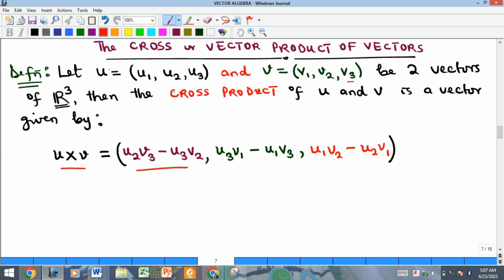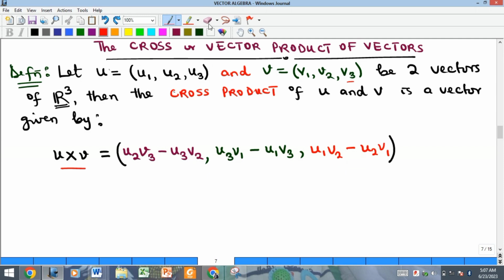One thing you should note in this formula is that for each of the components, a particular number is missing. You can see here u1 and v1 is missing. In component 2, u2 and v2 is missing. And then here, u3 and v3 is missing. So that's also something that can give you an idea.